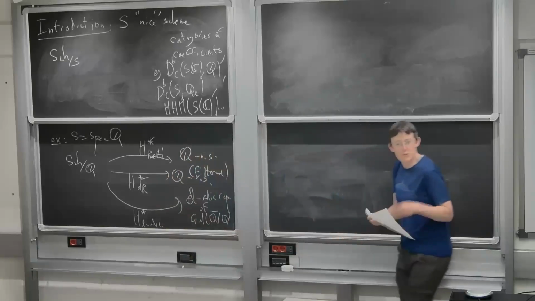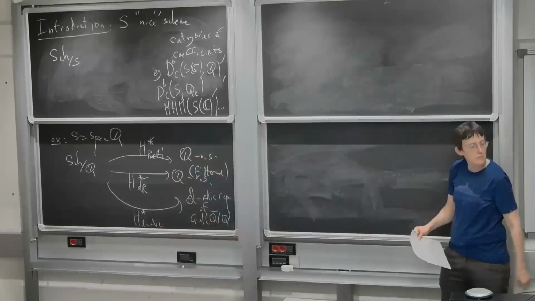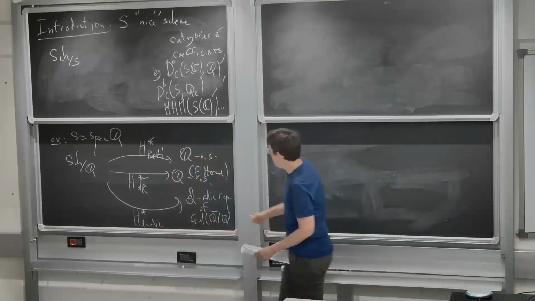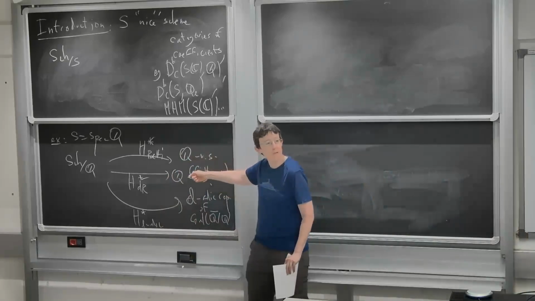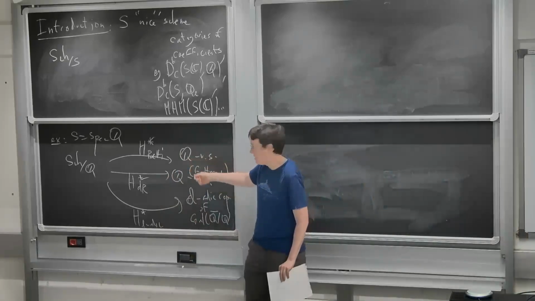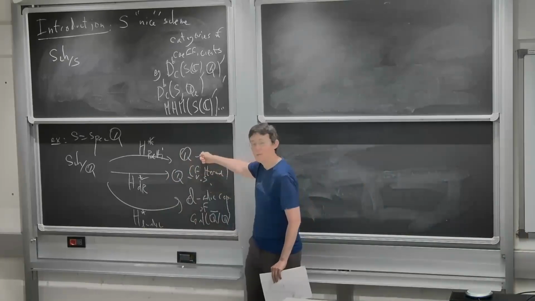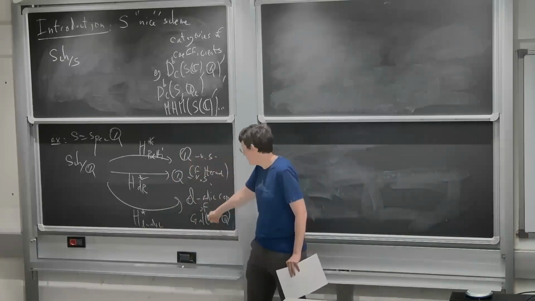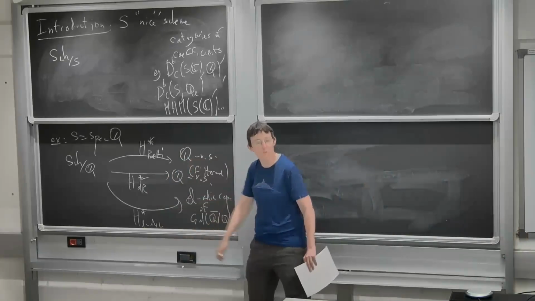Okay, and you have all these comparison isomorphisms between these cohomologies. For example, these two become isomorphic once you extend the scalars to C. This one, if you extend the scalars to Q_l. This one is isomorphic to this one if you forget the action of the Galois group and all that.